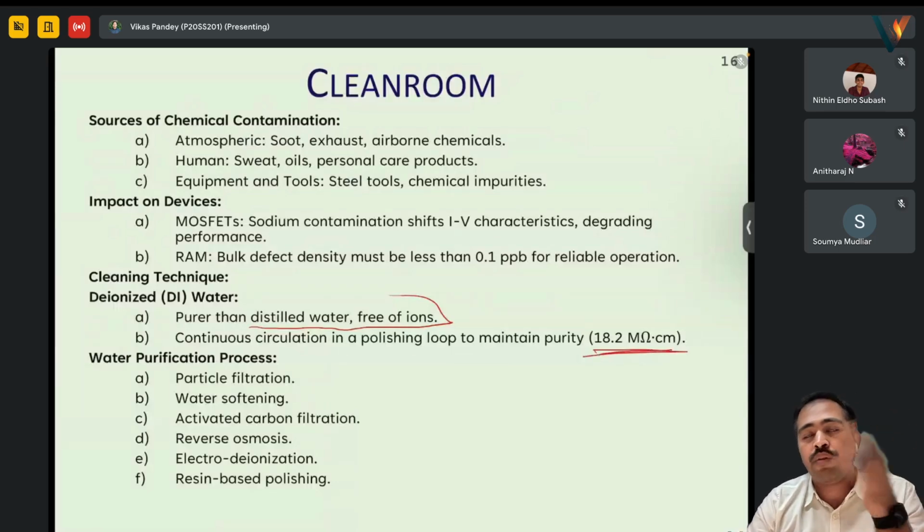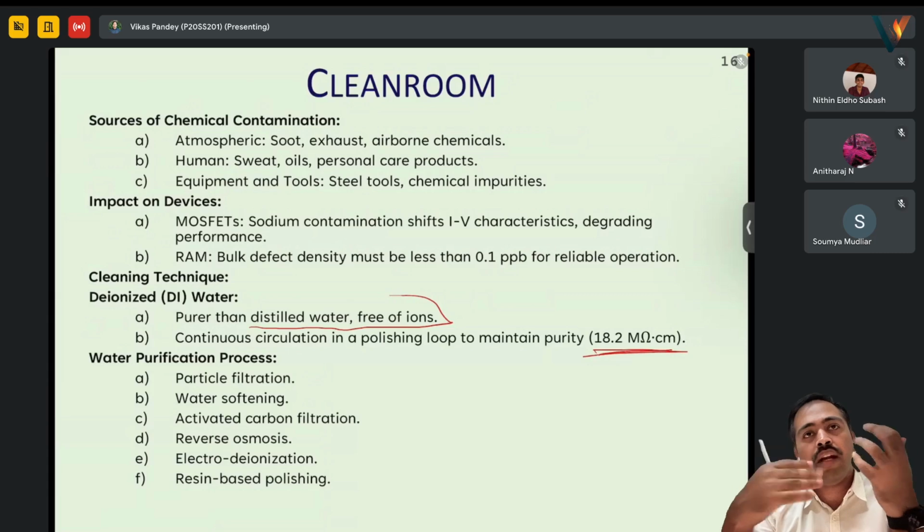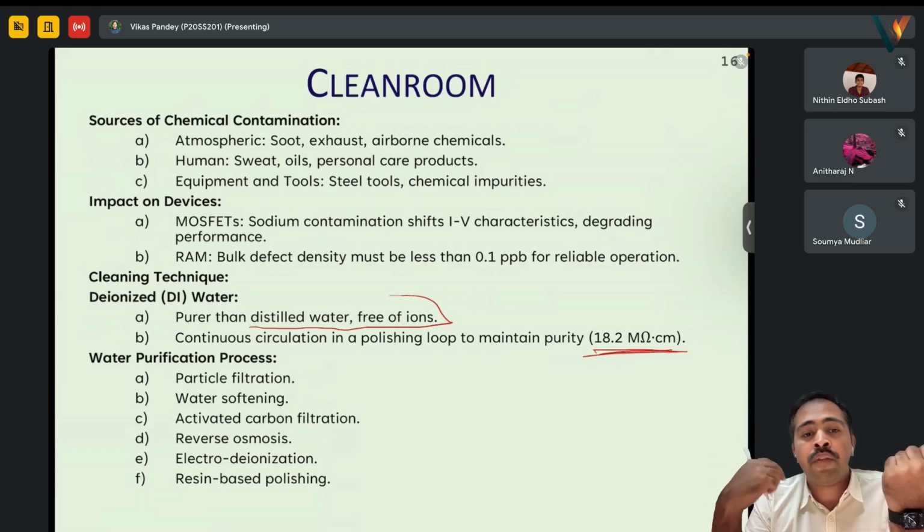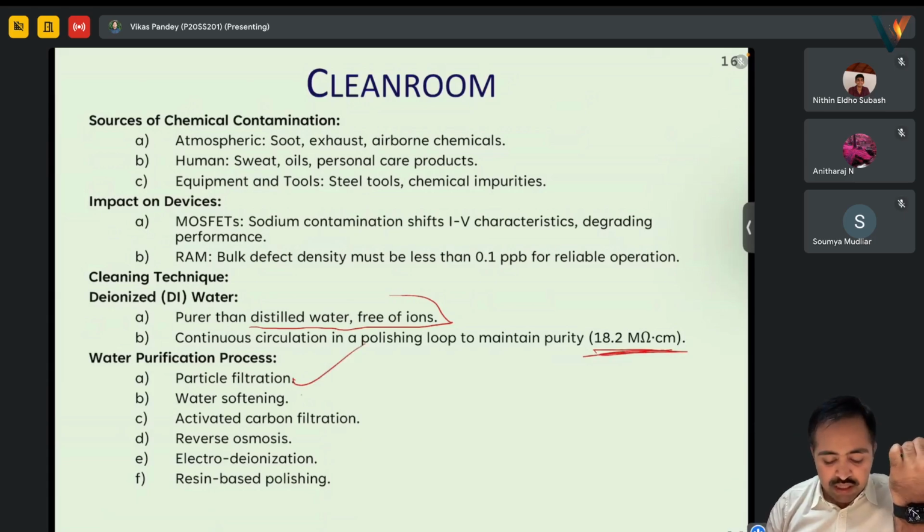If we have to remove all the ions, first it is obviously distilled, and then it is continuously looped through the polishing loop, that is cleaning it and removing all the ions. So particle filtration is done, water softening is done, activated carbon filters are used, RO, reverse osmosis is used, then electro deionization. This is the part which reduces the ion content.